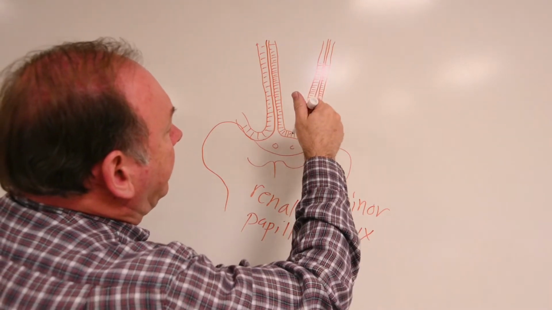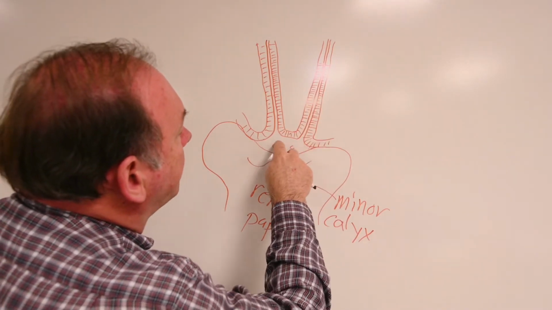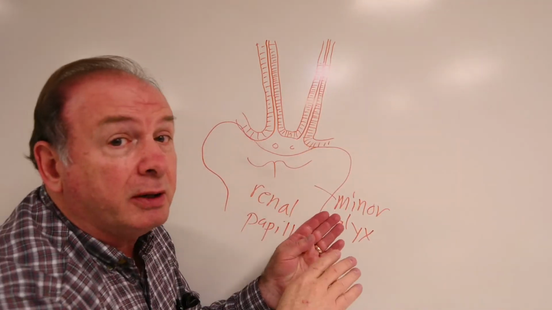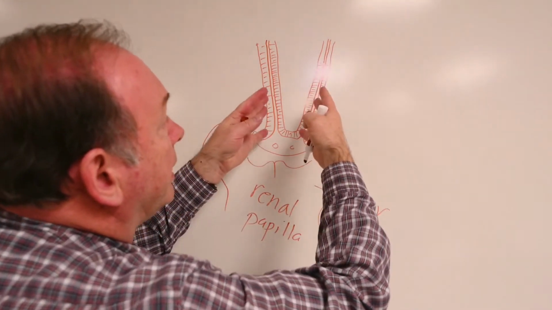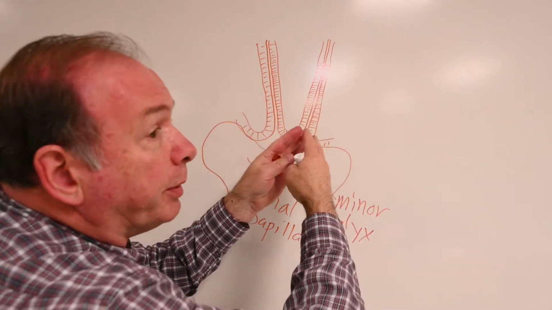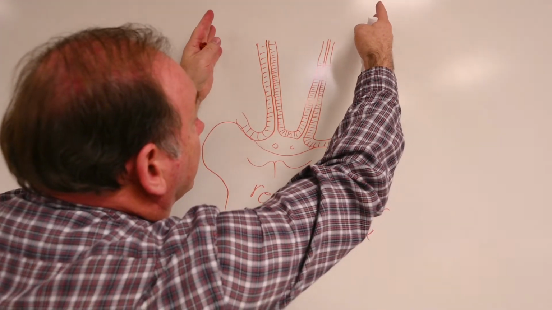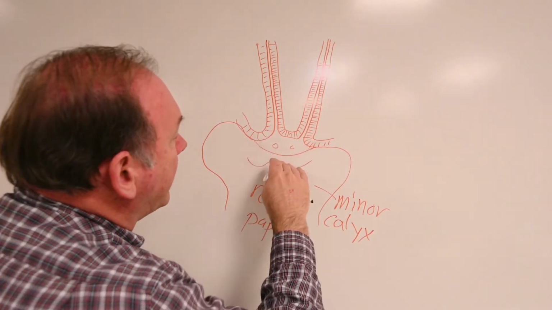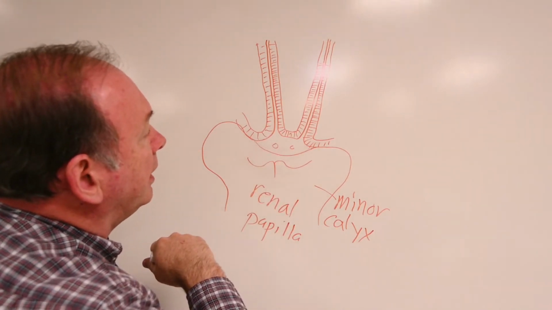And in that bump, there are all these pores from all the collecting ducts that converge here. Remember, there's a renal medulla, a renal pyramid, where all of the collecting ducts come to a point, and this is the point that they come to in the minor calyx, that renal papilla there.